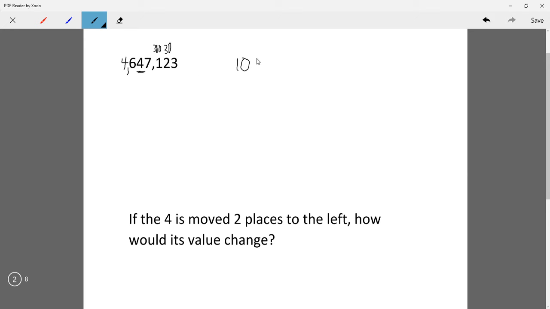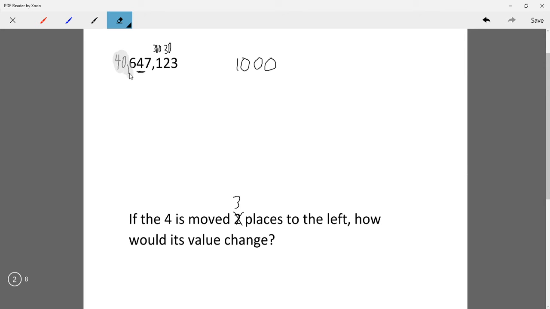So if we move it 2 times to the left, we add 2 zeros. Now if we moved it 3 times to the left, we would just add 3 zeros, and then it's worth 1,000 times, okay?